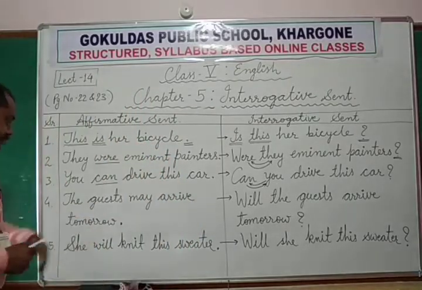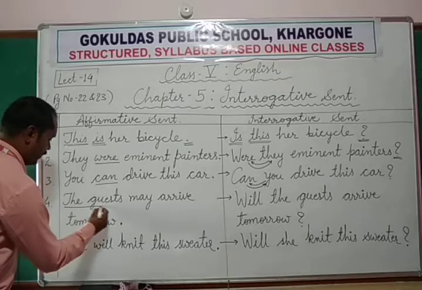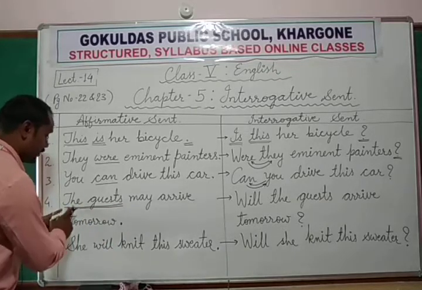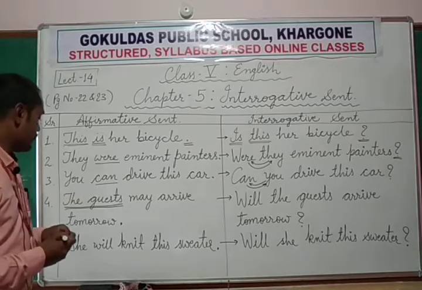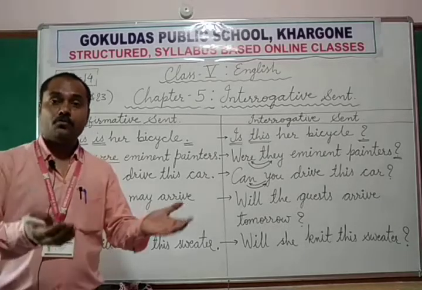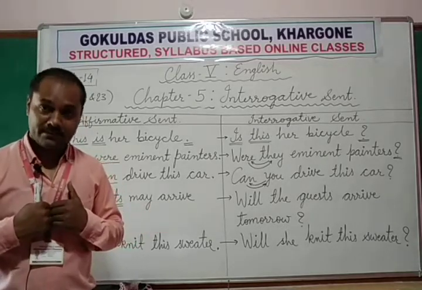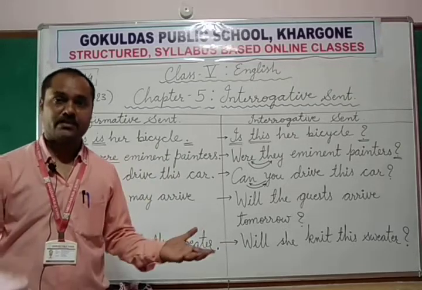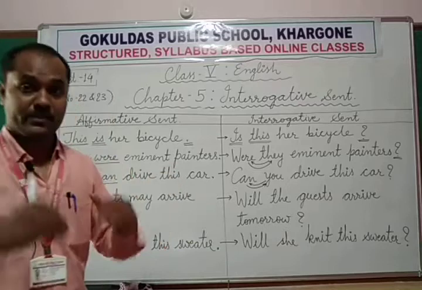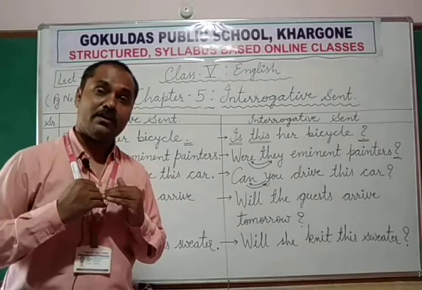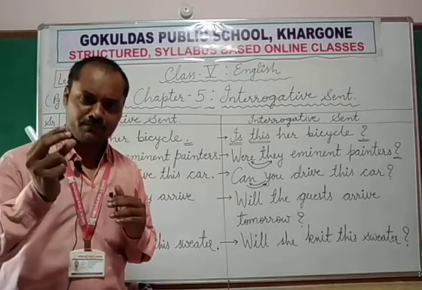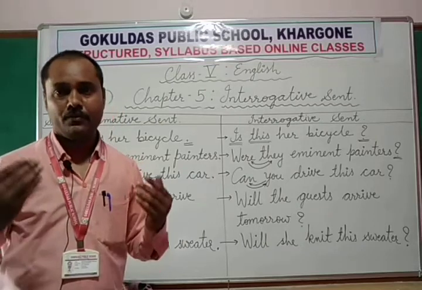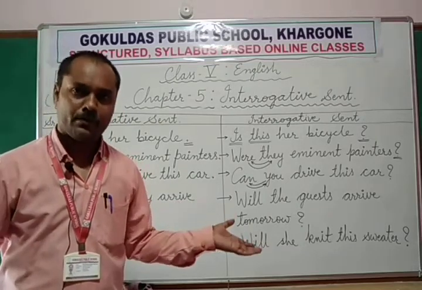The guest. Now the subject may be a group of words also. Now this is the guest. Guest means the people who arrive at our home to meet us, just like our auntie, our relatives, our friends, our father's friend. They are guests. Those who come to our family to visit us for a short period of time, maybe 1 hour, 2 hours, or maybe one day, 2 days, or 1 week.